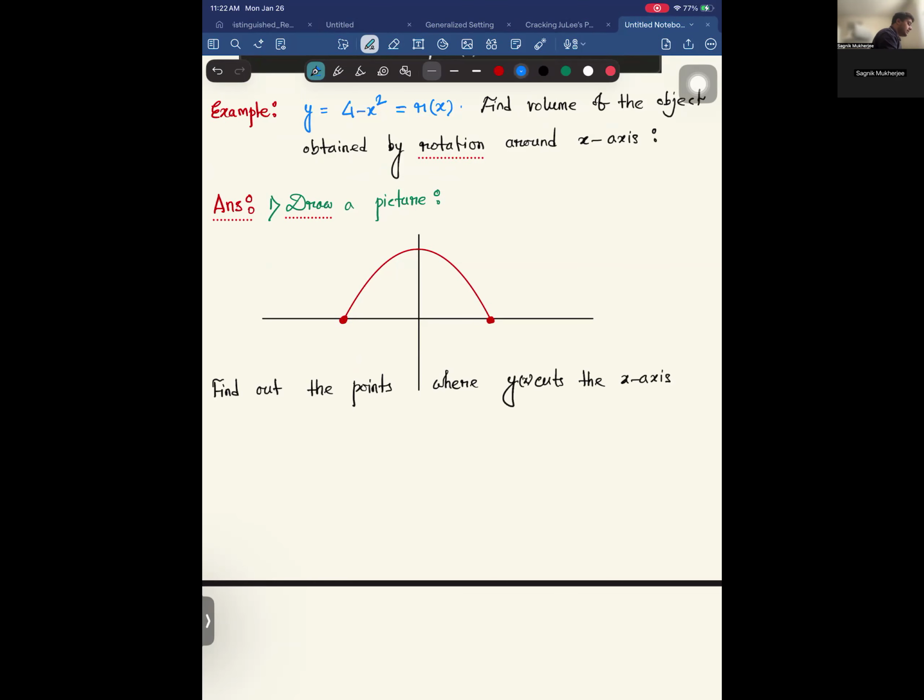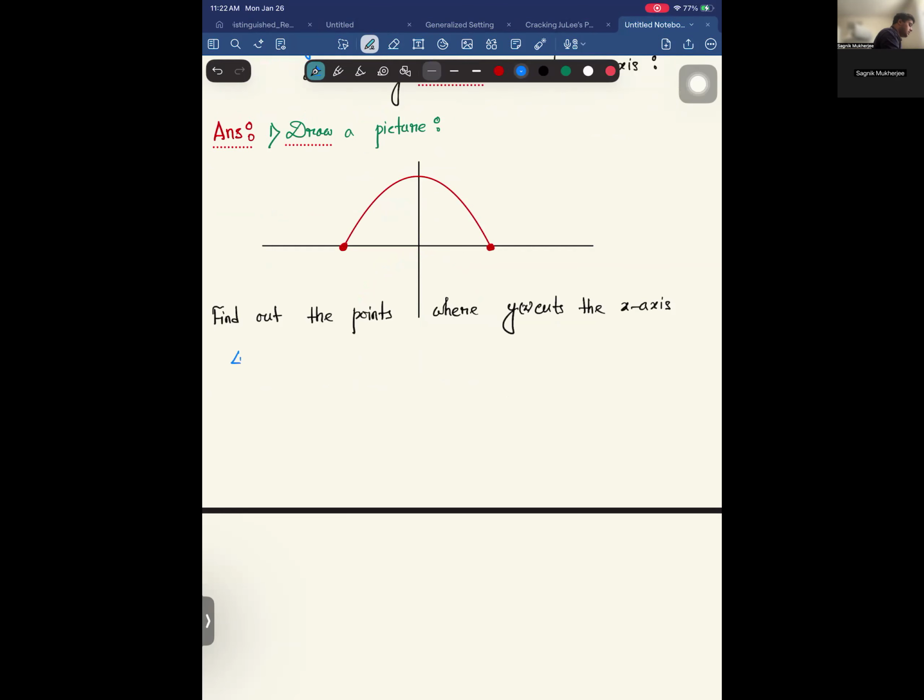How would you do that? Solve the equation y(x) equals 0. Solve this to get the x coordinates of the intersection points.